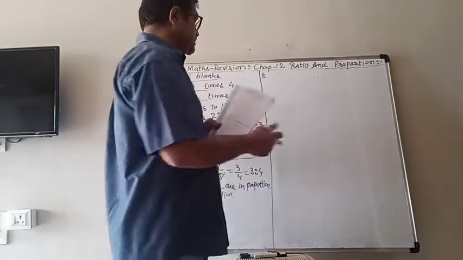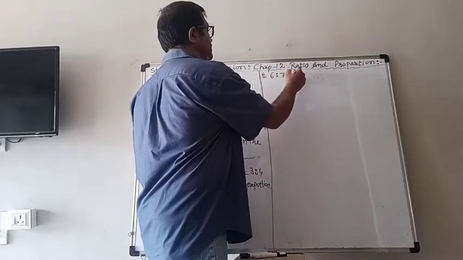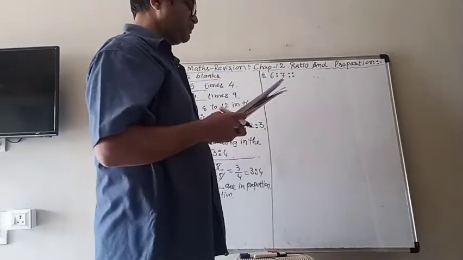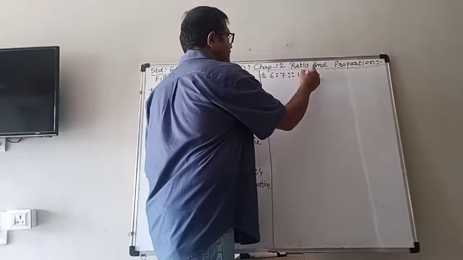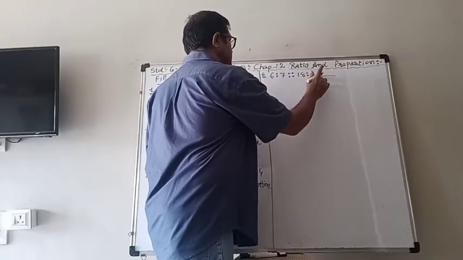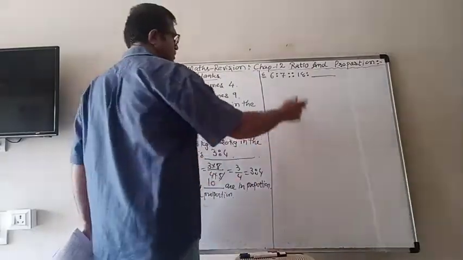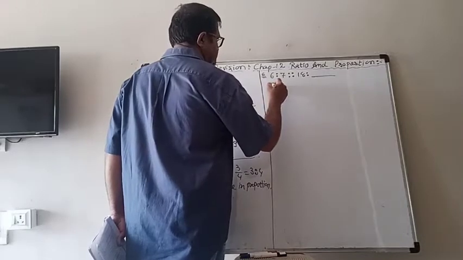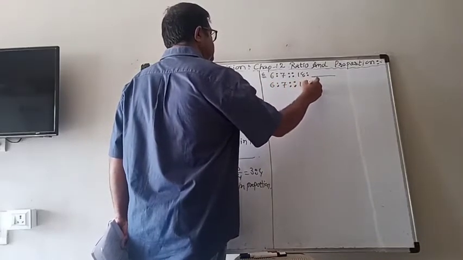Sixth one, 6:7 is in proportion with 18:blank. Here also we can do the same thing, that 6:7 is 18:x.